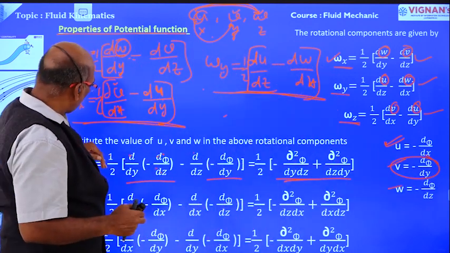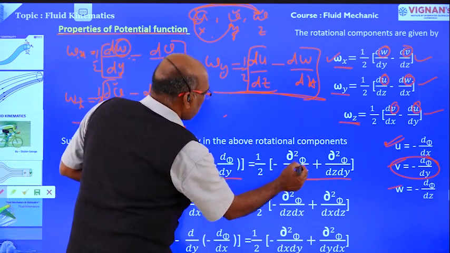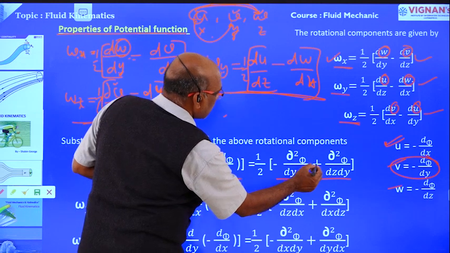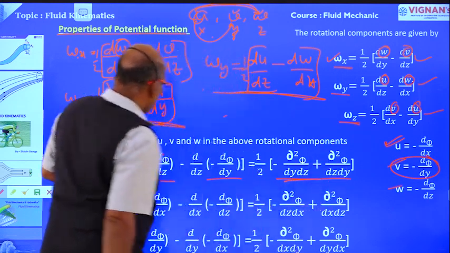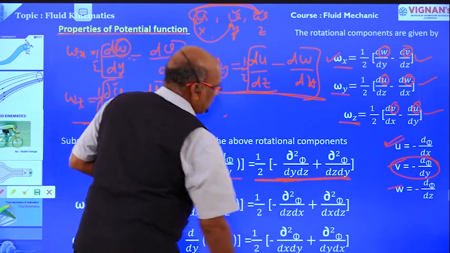This is equal to 1/2 times minus ∂²φ/∂y∂z plus ∂²φ/∂y∂z. This is the rotational component in the x direction.